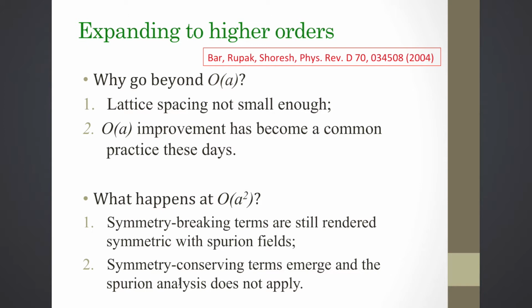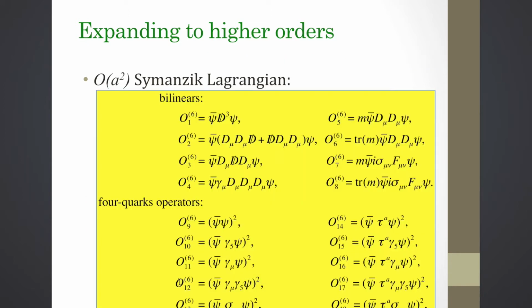To show you what they look like, I provide all the effective operators at order a squared in the Symanzik Lagrangian. So, for example, operator 9 here breaks the chiral symmetry, but operator 11 preserves the chiral symmetry.